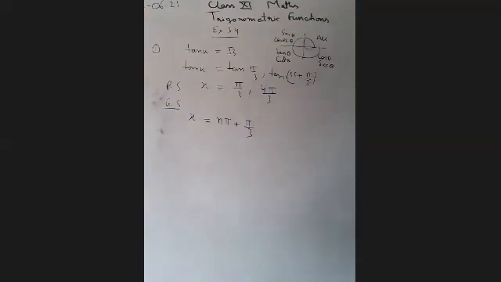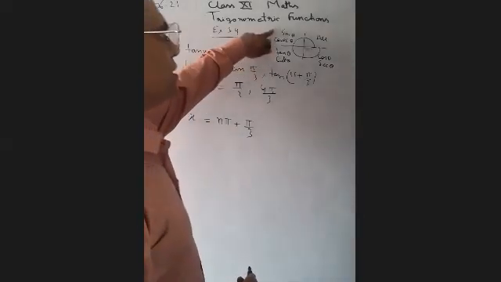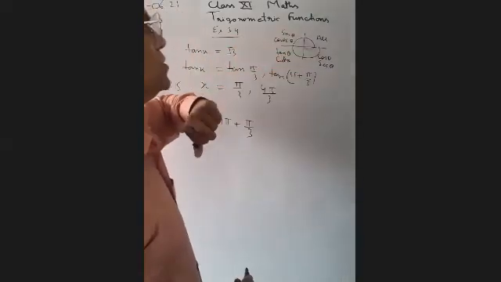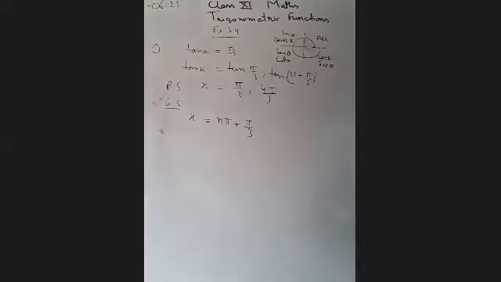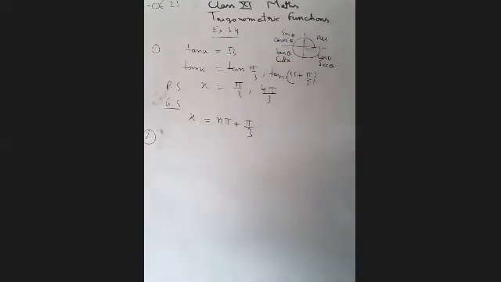If they have given you positive sign, even then you have the two answers. ठीक है? So you are observing that tan is positive here, but tan is negative in second quadrant and fourth quadrant also. So every function is negative for two quadrants and positive in two quadrants. ठीक है? So you will always get the two solutions. Principal solution. General solution में you have to write in terms of n.